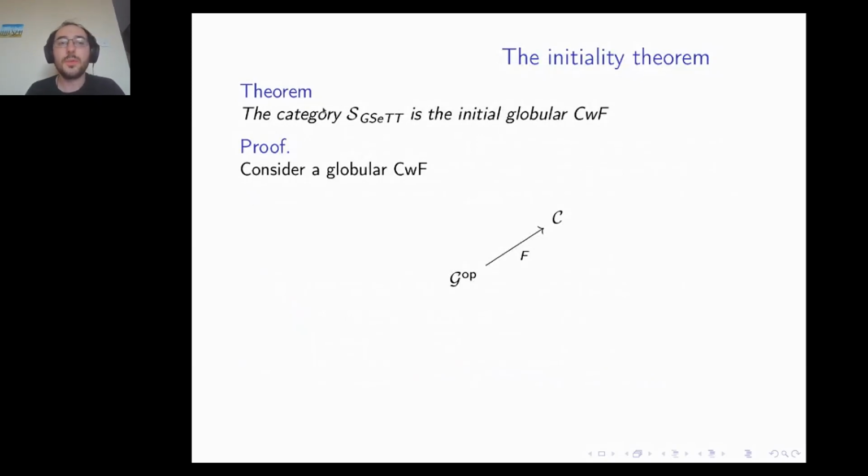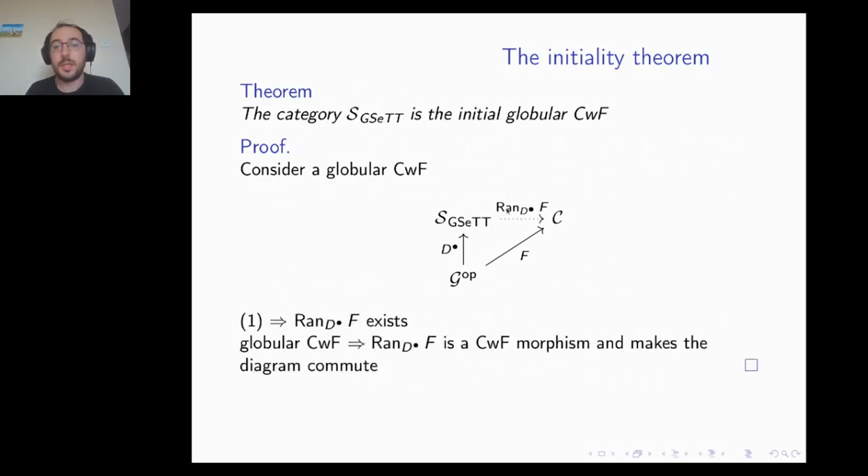So for this theory, I don't think it's really new, but the nice part is that it really generalizes well. And it says that the syntactic category is the initial globular CWF. And how would you do that? Well, remember that you have this functor here.